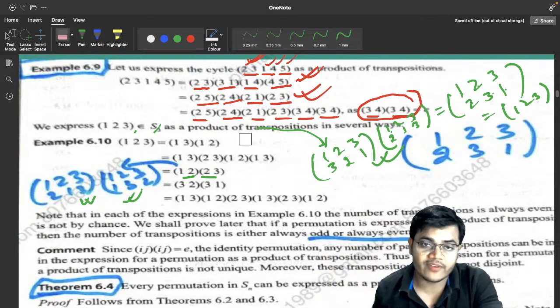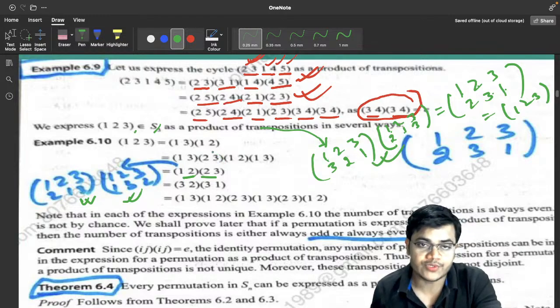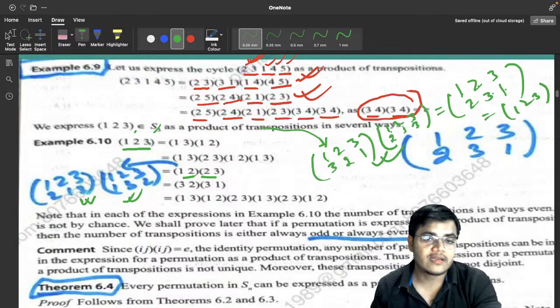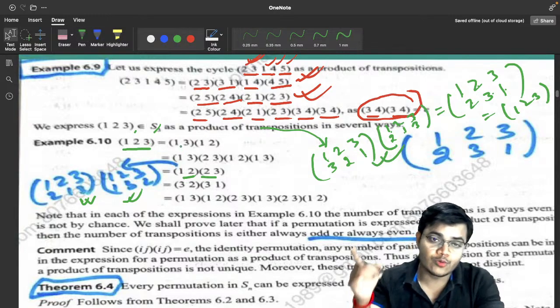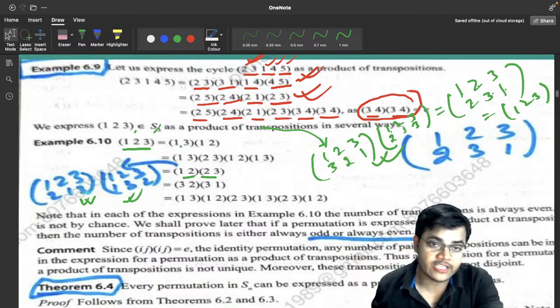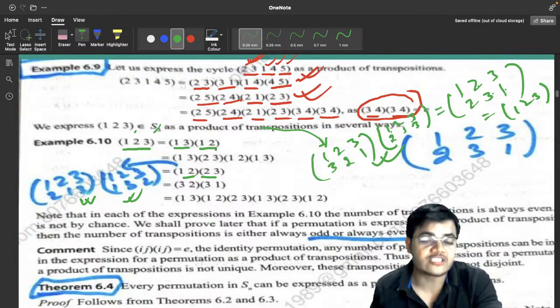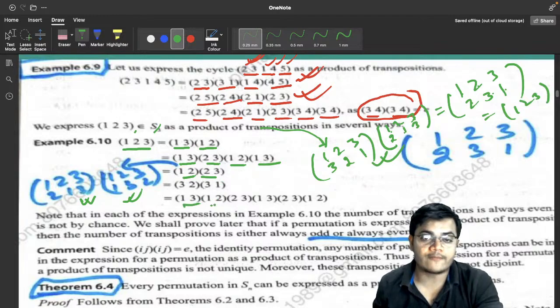And here is a very interesting thing: this cycle has 3 elements, and if you want to write it as a product of transpositions, then either you use 2 transpositions like (1 3) and (1 2), or you take 4 transpositions, or you take 6 transpositions.